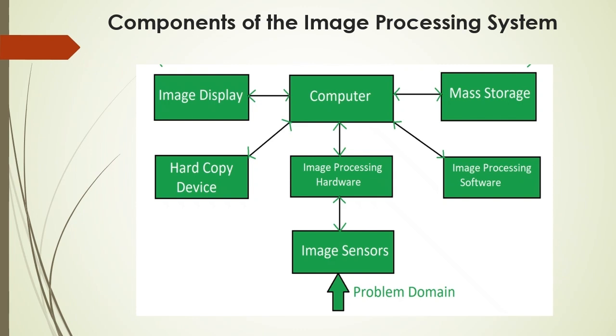In general, an image processing system is a combination of different types of elements involved in processing an image, by means of a digital device or digital computer.